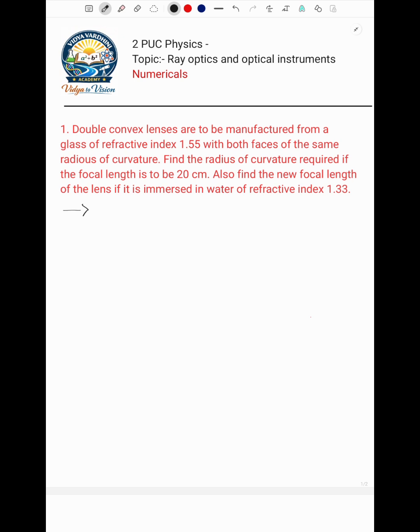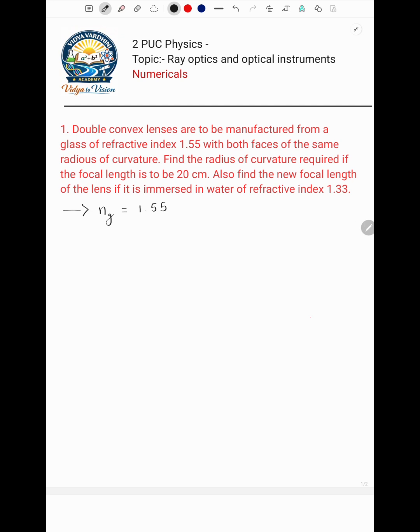When you are going to solve the problem, you have to read the problem twice. See here what they have given. A double convex lens is to be manufactured from a glass of refractive index 1.55. That is, they have given the refractive index of the glass, n of g, that is 1.55.